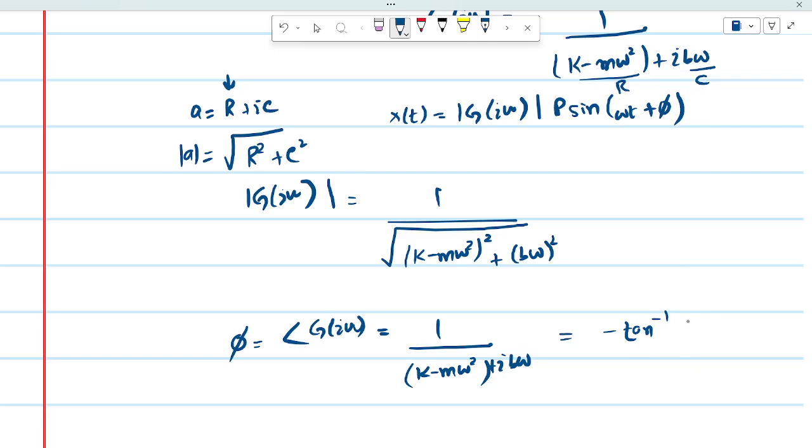So that becomes b omega divided by k minus m omega square. Whenever you want to find the phase angle, it becomes tangent inverse c over r.